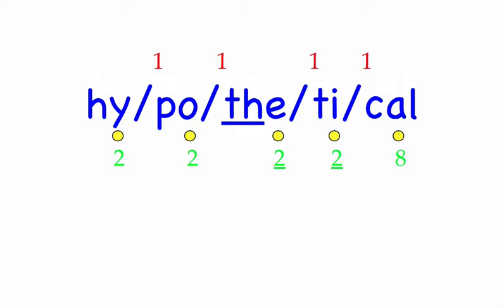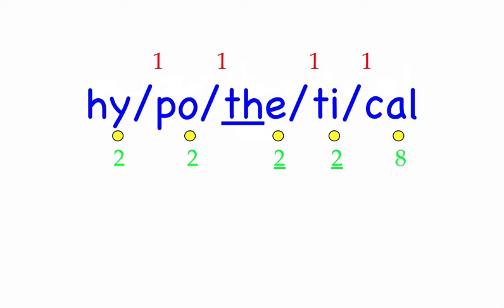Hi, po, the, ti, call. Hypothetical. Remember, when a vowel group number is underlined, it indicates that the vowel is representing the opposite sound of what the rule would indicate it would normally represent. As an example, in the middle syllable the, we have 2 under the E, which indicates vowel group 2.